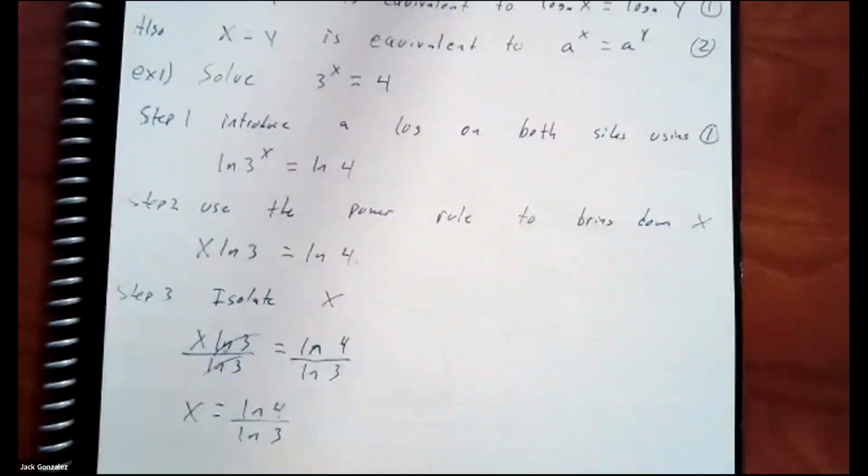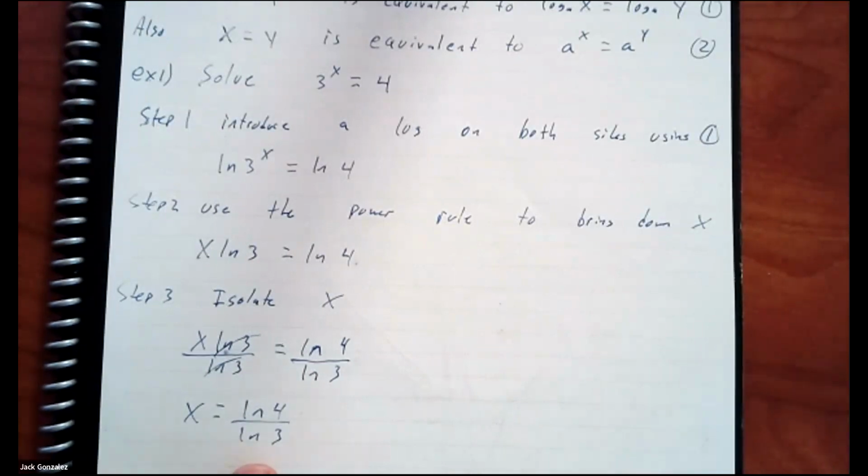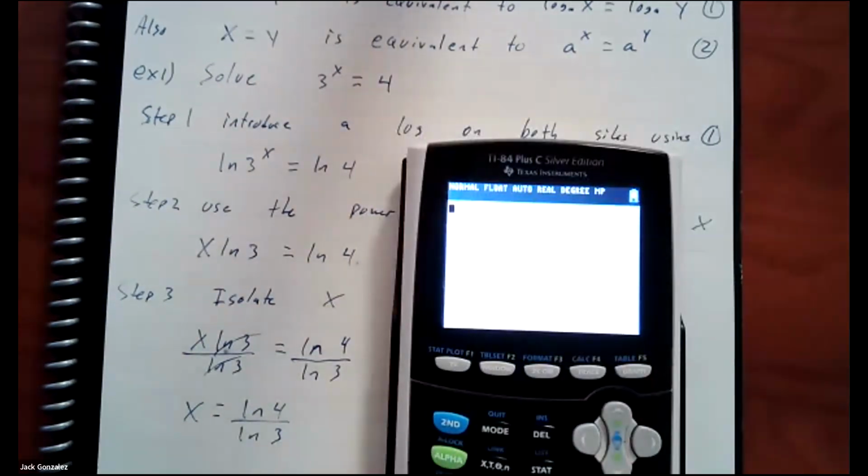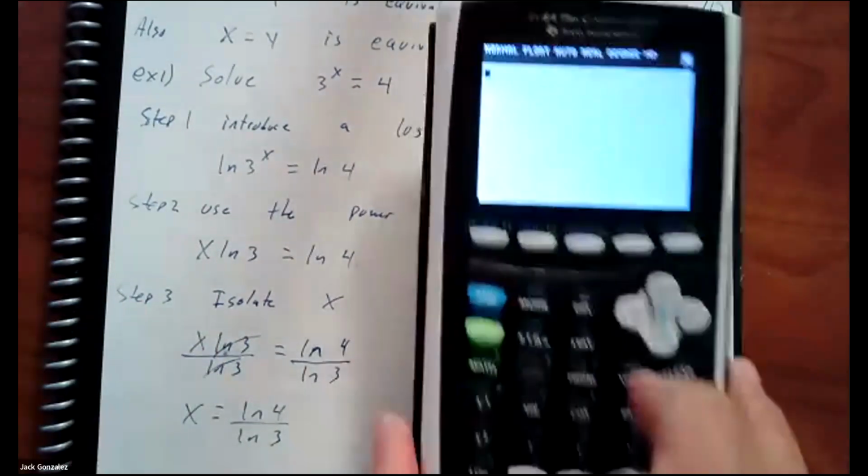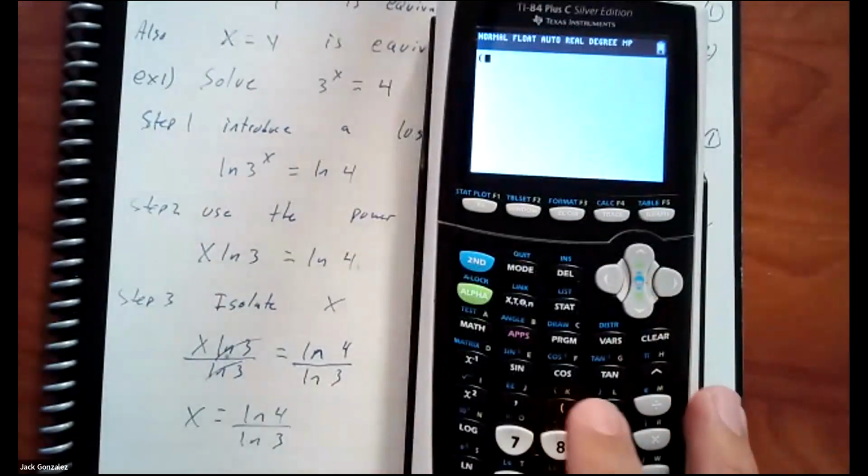If they ask you to round, just punch it into your calculator. Okay. If they don't ask you to round, just plug that in. Personally, I prefer this, but if the homework doesn't, well, let's do what they said. If you are going to use your calculator, scientific or whatever, I advise you to put parentheses for the top part.